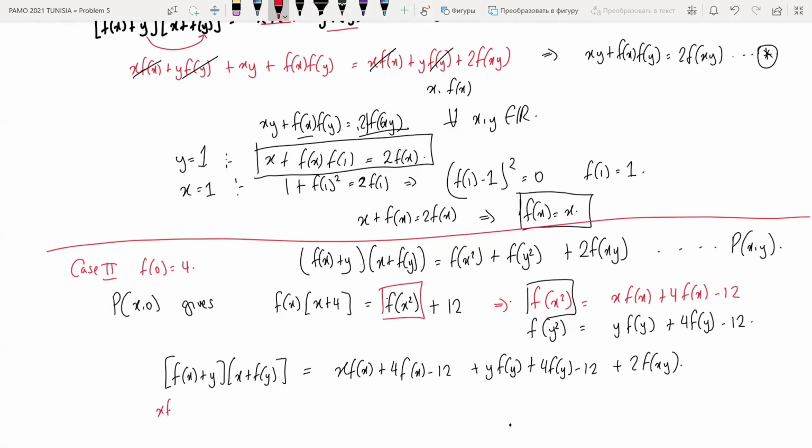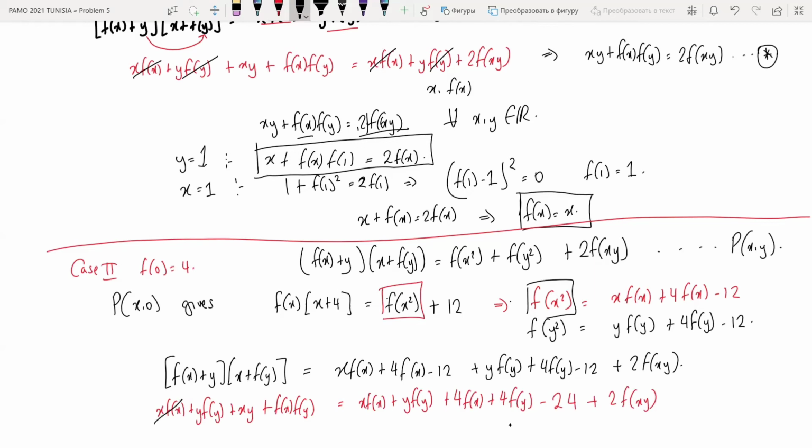We're going to get x f of x plus y f of y plus xy plus f of x f of y equals x f of x plus y f of y. I'm rearranging the terms. I'm not really writing it in the order that they occurred here, but I believe it's easy to trace and see that both equations are equivalent. So this 12, I'll combine it together to get 24, and we'll be left with plus 2 f of xy.